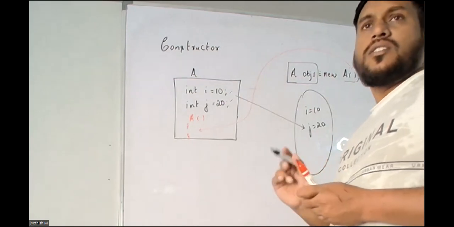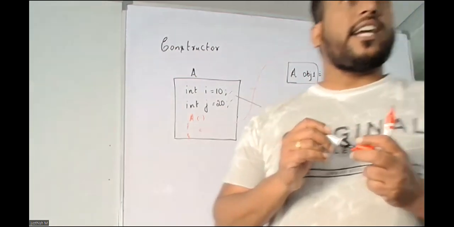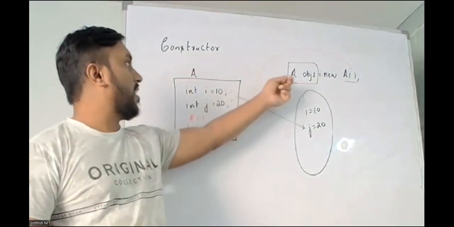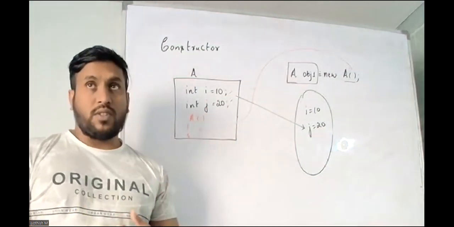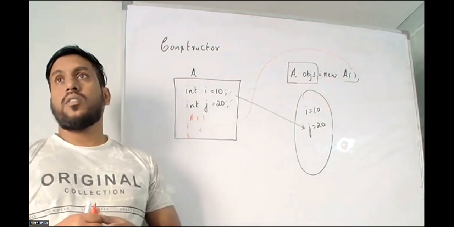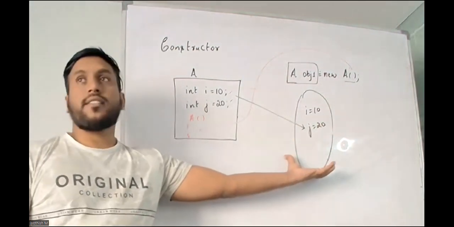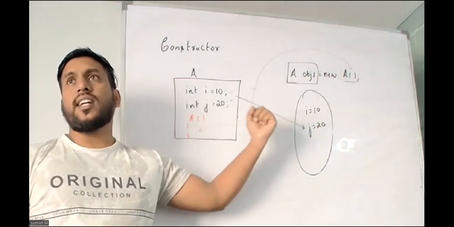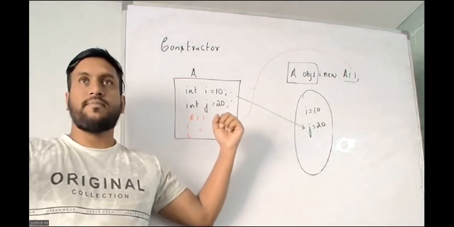So can I say constructor is a type definition block used to create an instance of an object. If you want to create an object, we need to call a constructor along with a new keyword.